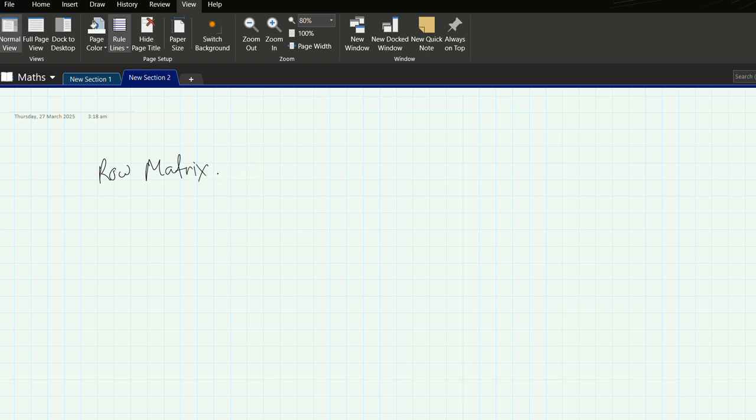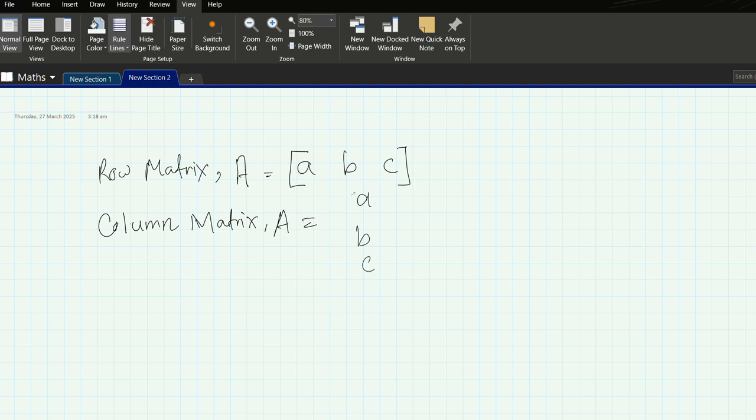Let the row matrix be A. The row matrix is A, B, and C, just a single row. As for the column matrix, let the column matrix be called A. How do we draw this? We draw A, B, and C, just one single column, and we put the whole entry into one big third bracket.